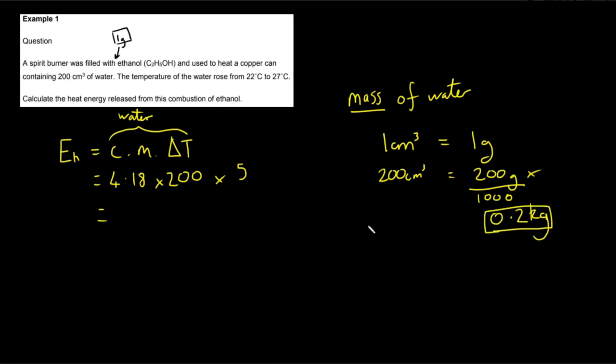And that is a little bit of working that we will always have to do for these calculations. You'll see when we do more and more examples, they always give us a volume of water in centimeters cubed. They'll never give you a mass of water. You're expected to be able to say, well, 200 centimeters cubed of water is just 200 grams of water, which is 0.2 kilograms of water.